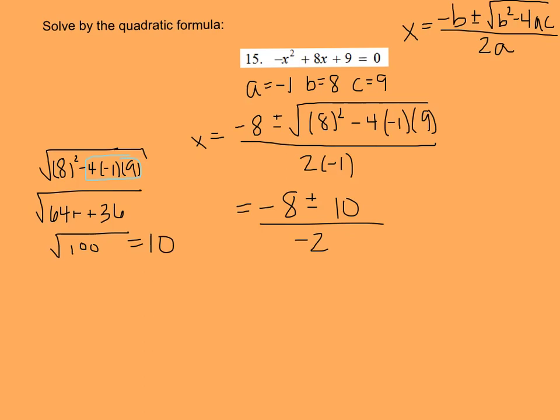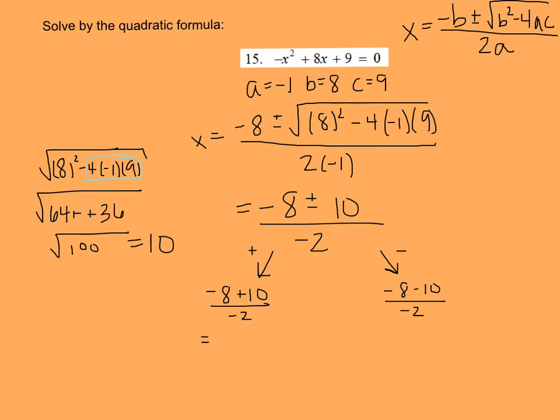Now, because these are all really nice numbers that we know how to work with, there's no radicals, we are going to actually solve for our two answers. We need to take into consideration the case where we add and the case where we subtract. So first we have negative 8 plus 10 over negative 2, or we have negative 8 minus 10 over negative 2.